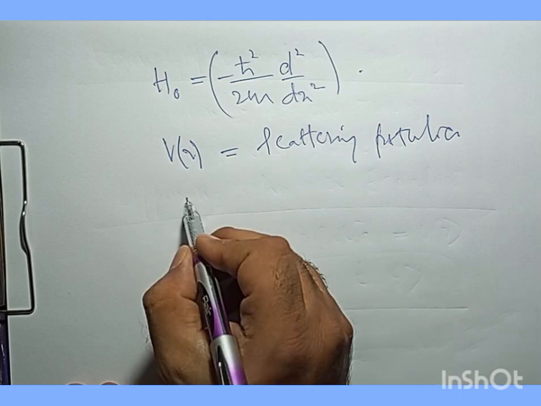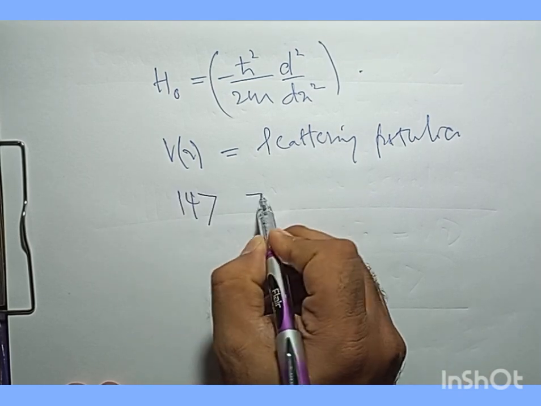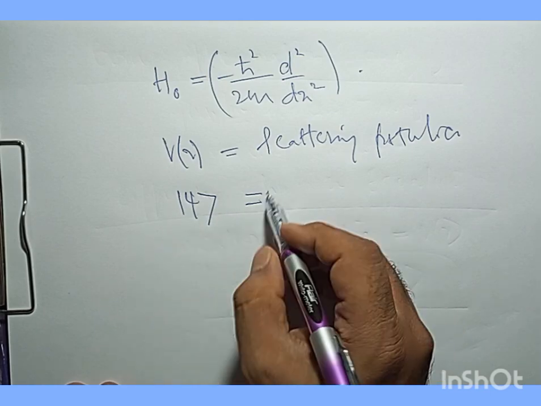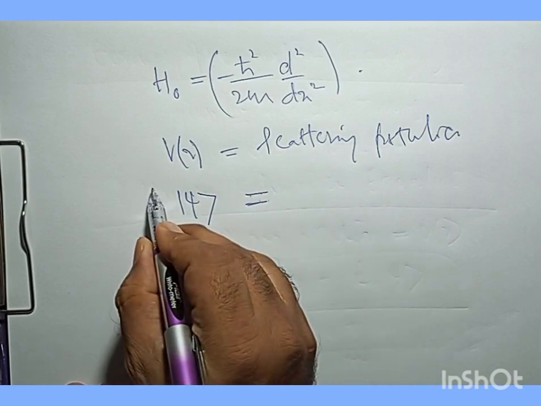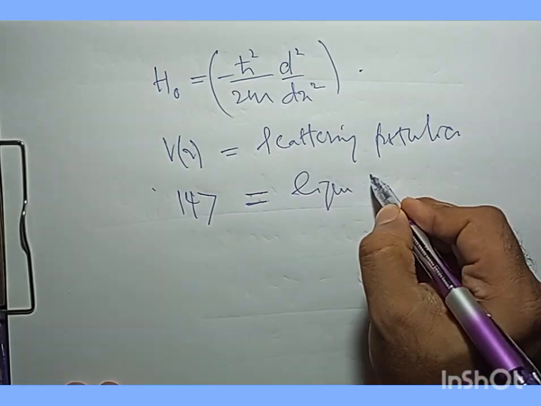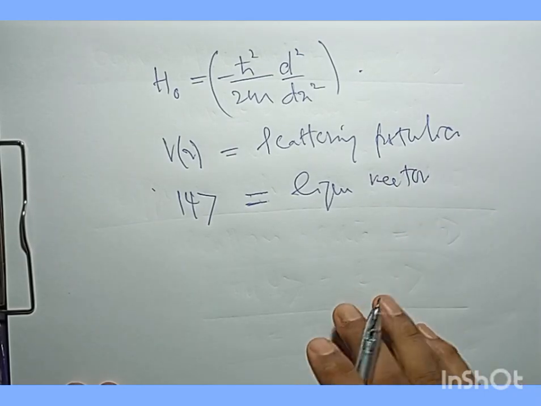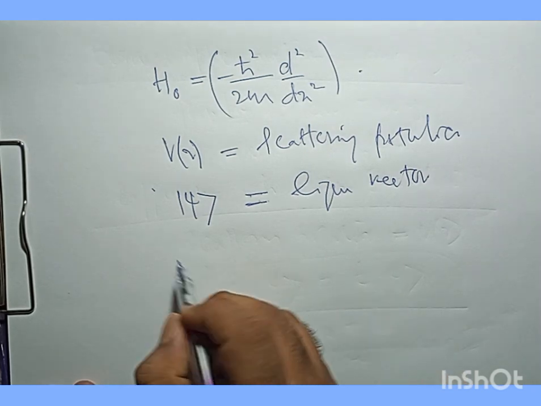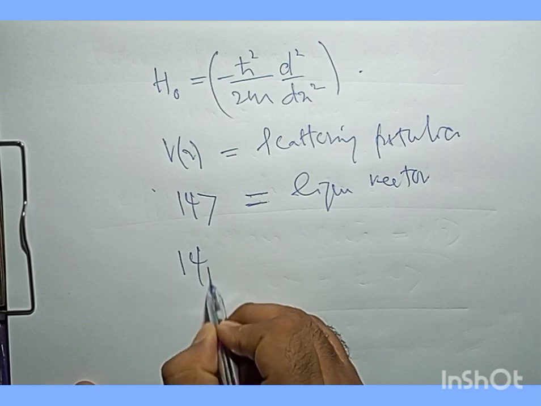And psi is the wave function of the system, the state of the system, the eigenvector of the system. Now the Lippmann-Schwinger equation for this scattering state psi k.